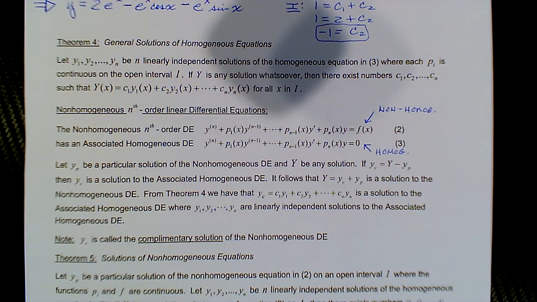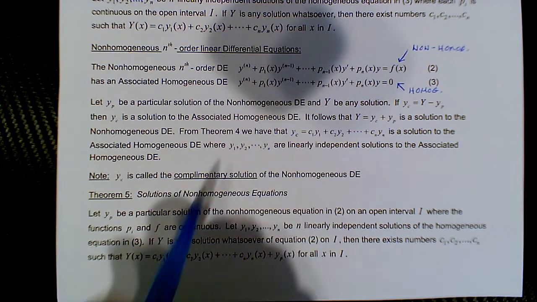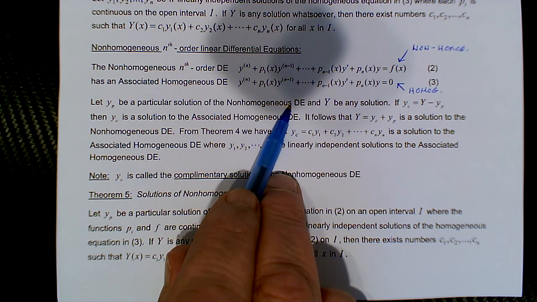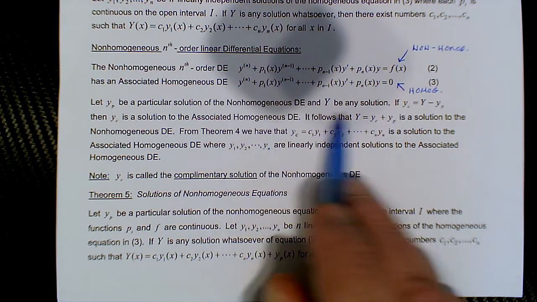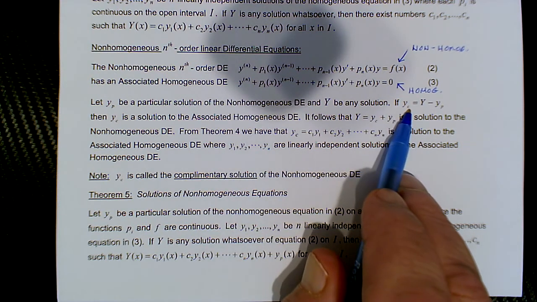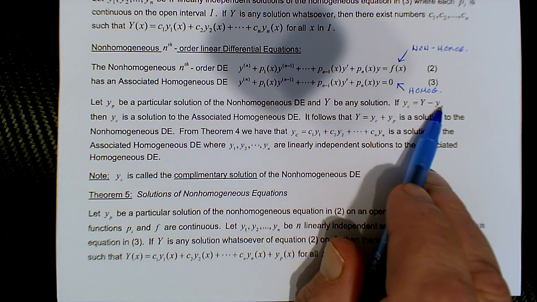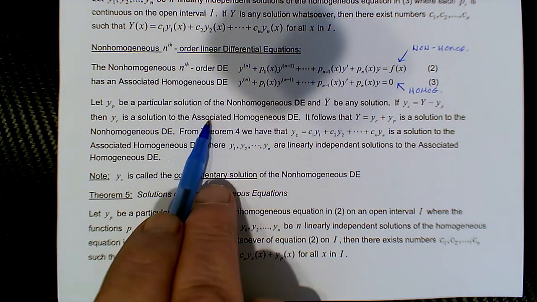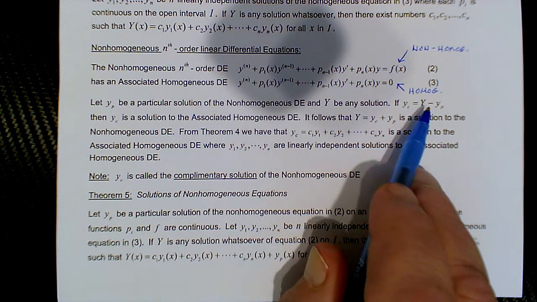So if we let y sub p be a particular solution to the non-homogeneous differential equation, and uppercase Y is any solution, then if we say y sub c is equal to any solution minus the particular solution, then y sub c is a solution to the associated homogeneous equation, because we're subtracting the particular solution from a general solution.